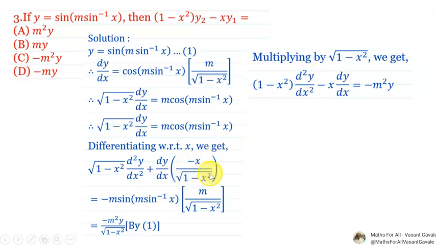Again, we multiplied it by root of 1 minus x square, then this term will get cancelled. Then you will get here minus x into dy by dx, and to the right hand side you will get here minus m square y, because the root of 1 minus x square term will cancel there. And hence the value, here 1 minus x square, this is y2 minus x times y1, and this is the value, that is minus m square y. This is the correct option. Option C is the correct one here.